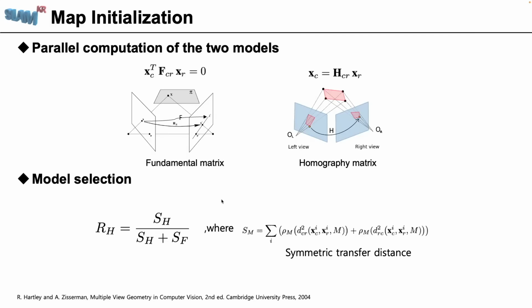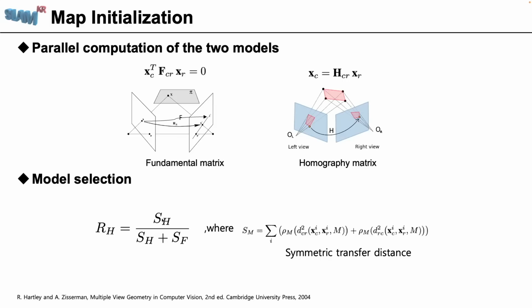After scoring the two models by the symmetric transfer distance measure, we select the model that is appropriate for the current scene. If the scene is more general, the fundamental matrix would fit, and if the scene has planar structures in it, the homography matrix would explain the relationship between the two views better.